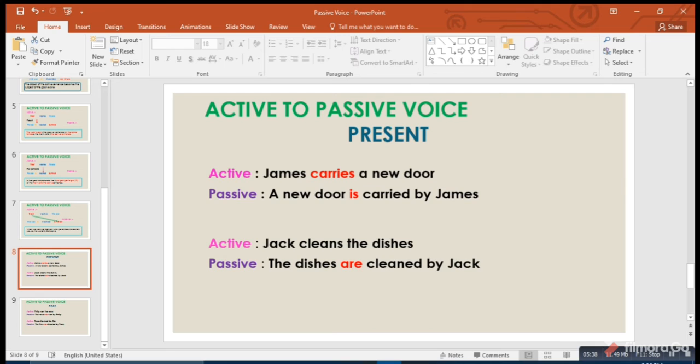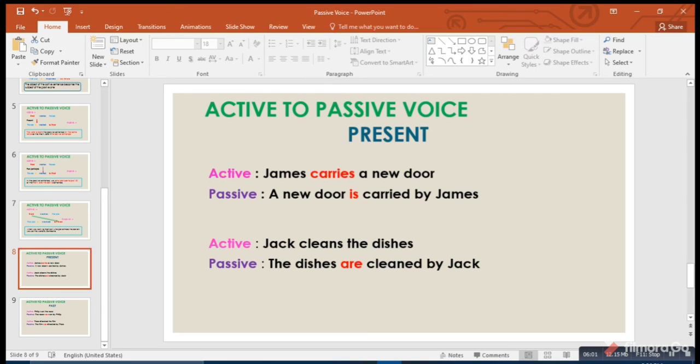For example, if the dishes are plural, then when they are transferred to become the subject, we use are. This is a new one, don't use the old one.